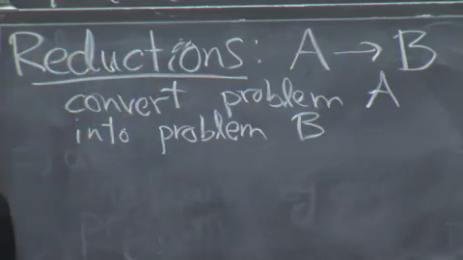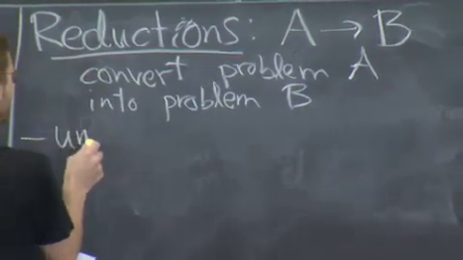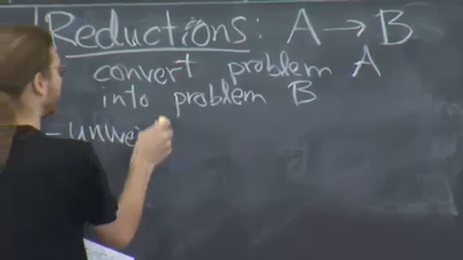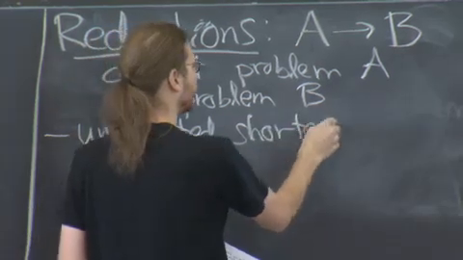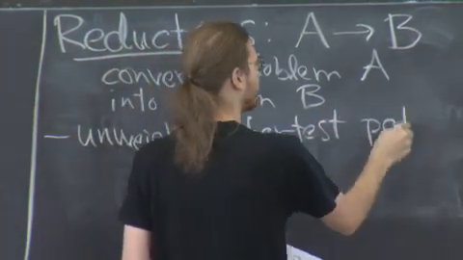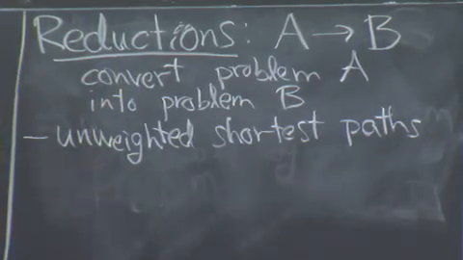That's reduction. Let me give you some examples that we've already seen, just to fit this into your mental map of the class. It's kind of a funny one, but it's a very simple one. So how do you solve unweighted shortest paths?